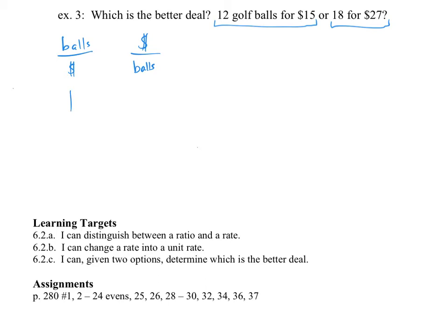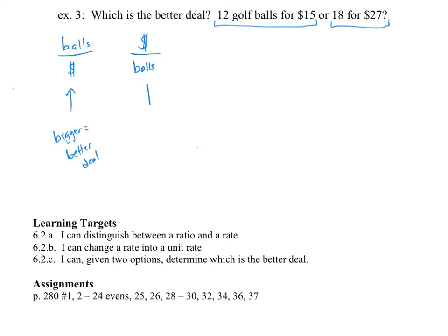If we do it the first way, what's going to be a better deal? A big number or a small number? Is a better deal more balls per dollar or less balls per dollar? More. So for this one here, bigger equals a better deal. Does that make sense to people? For each dollar you spend, you get more golf balls or more parts of a golf ball.